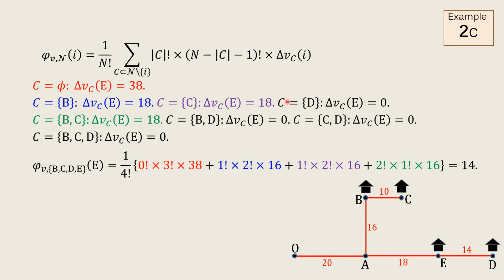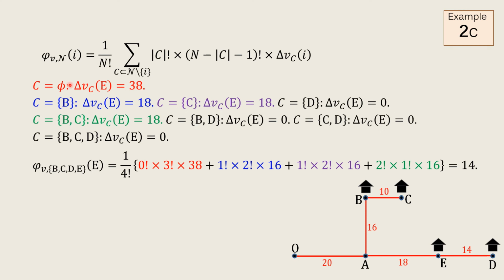The second row contains all the coalitions with 1 agent, the third coalition with 2 agents or 2 units, and the fourth row contains 3 units. And in each case, we'll compute the Shapley value to the coalition of the unit E. So when C is null, no unit exists.